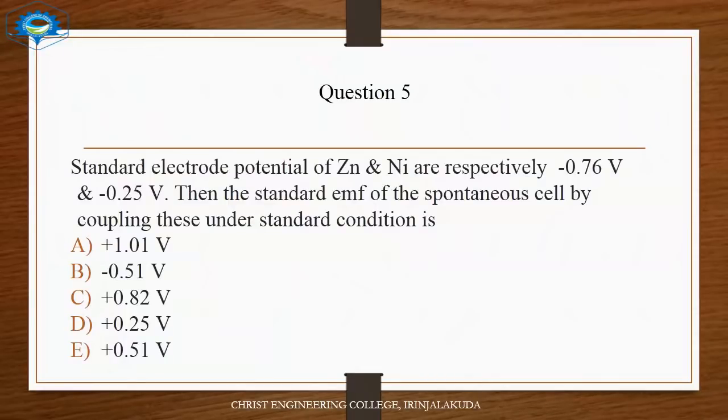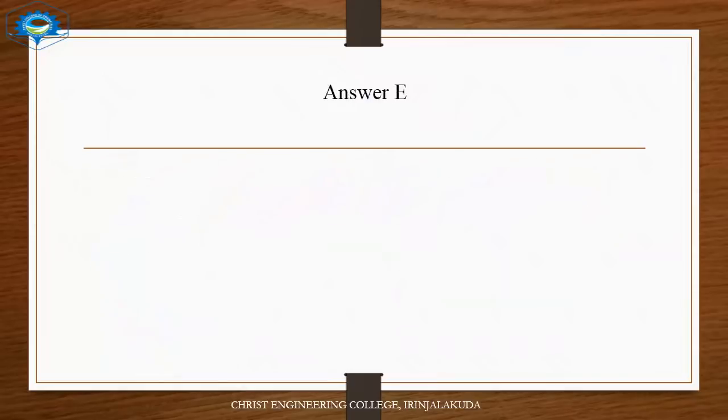It is a question from the electrochemistry part, and the question is to calculate the standard EMF, that is E0 cell. We have 5 options. Option A plus 1.01 volt, option B minus 0.51 volt, option C plus 0.82 volt, option D plus 0.25 volt, option E plus 0.51 volt.